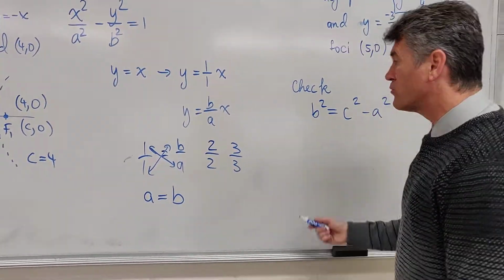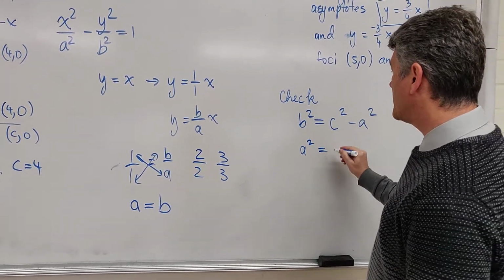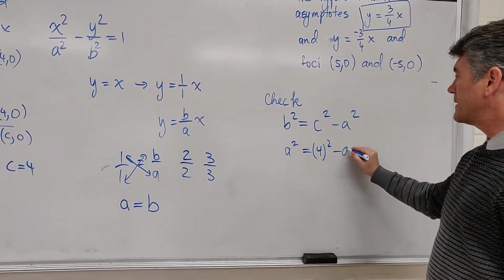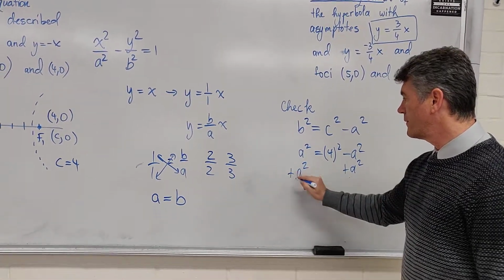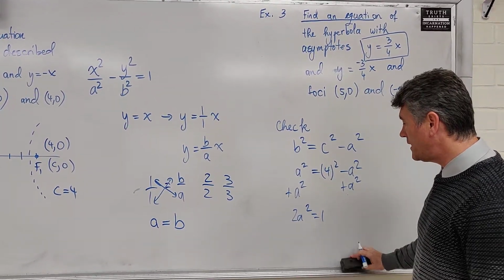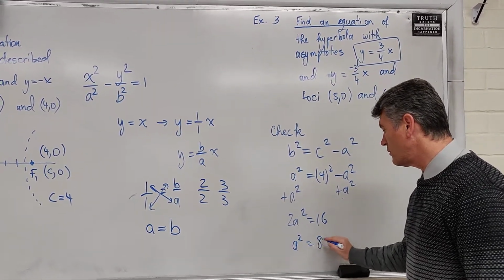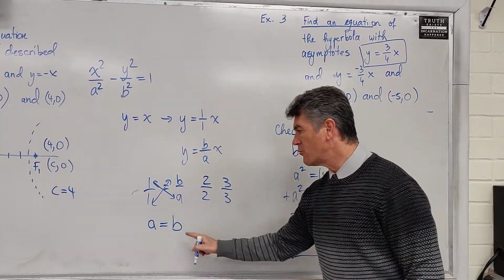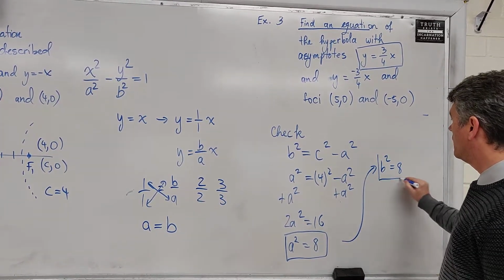Since a is equal to b, we're going to replace b by a. So we have a squared is equal to 4 squared minus a squared. We add a squared to both sides. We get 2a squared is equal to 16, not 18. And a squared itself is equal to 8. Since a is equal to b, this means that b squared is also equal to 8.